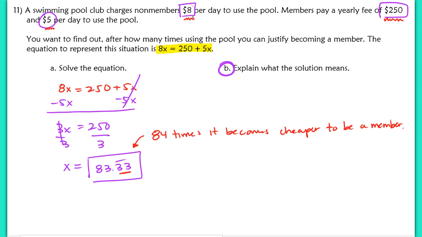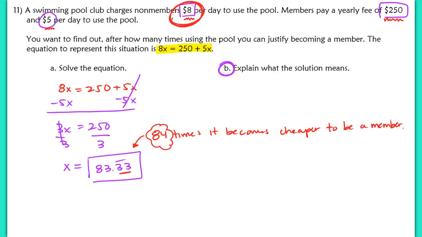So really what this is saying is, if it's going to be worth it for you, you have to figure out how many times you want to go to the pool. If you don't go to the pool more than 84 times, then you're better off paying just $8 per time you use the pool. So in this case, it tells you which one is going to be cheaper for you.